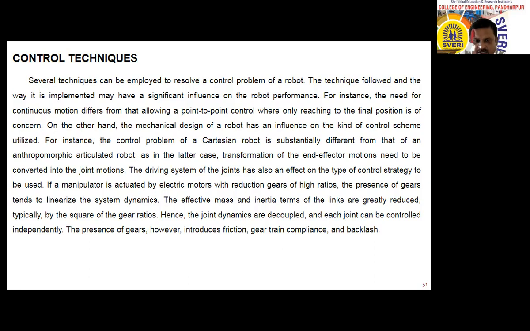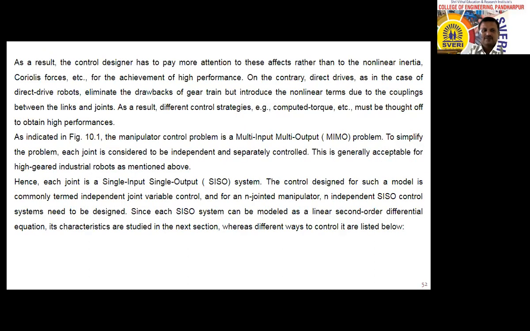The presence of gears, however, introduces friction, gear train compliance, and backlash. As a result, the control designer has to pay more attention to these effects rather than to the non-linear inertia or Coriolis forces, etc., for the achievement of high performance.